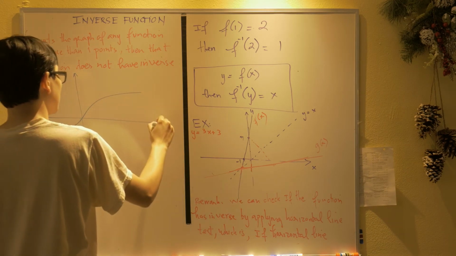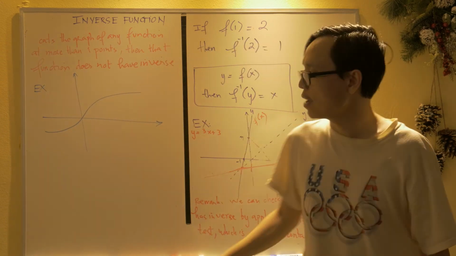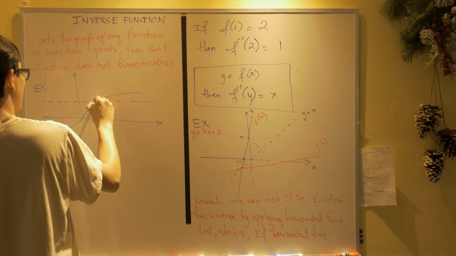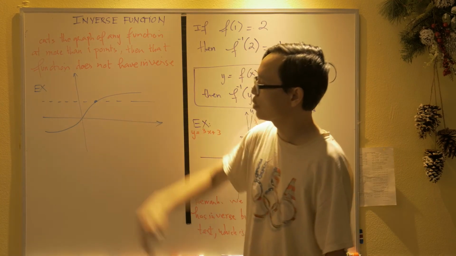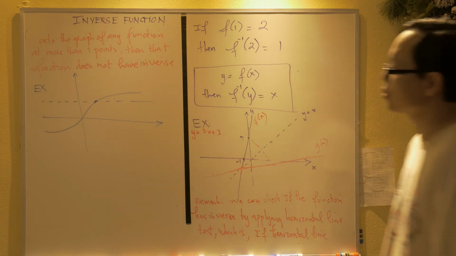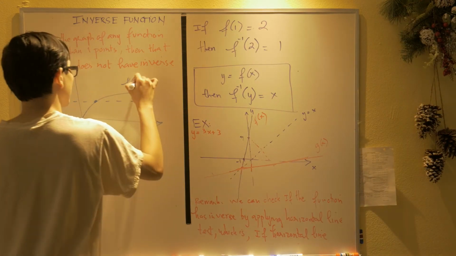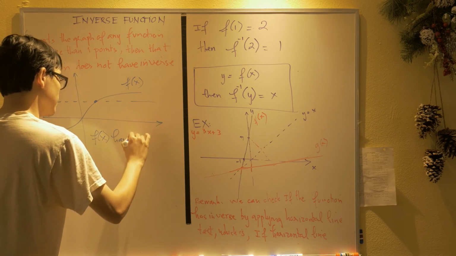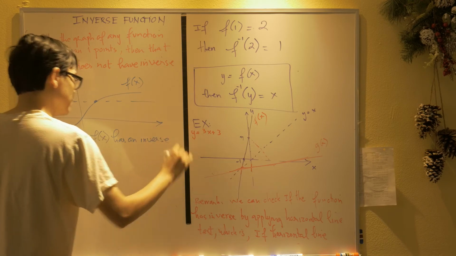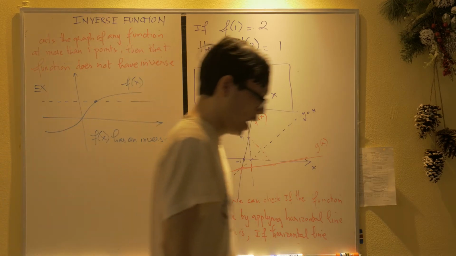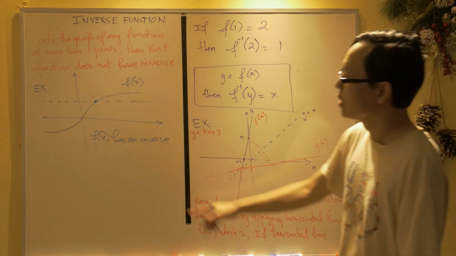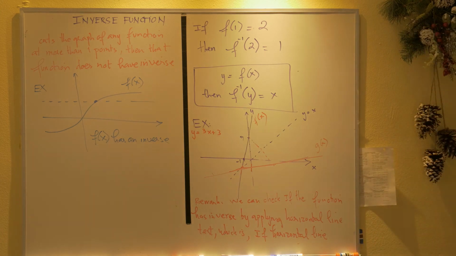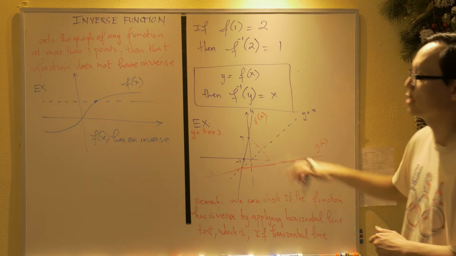Okay. You see that if I apply the horizontal line here, it cuts at only one point. If I apply a bunch of horizontal line tests, it cuts only one point. So I know that this function f(x) here has an inverse. And we can get the graph of the inverse by drawing the line y equal x, and you mirror that about that line. Then you do the same as the example.